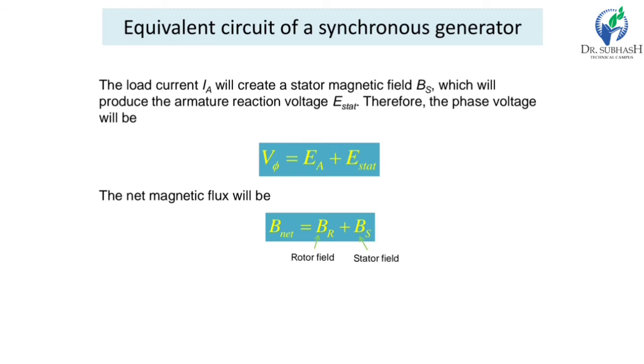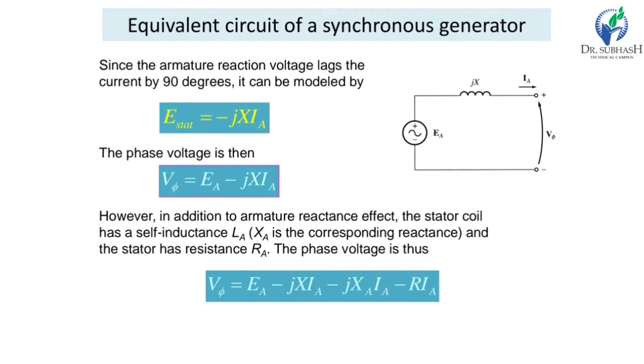With a proportionality constant, the armature reaction voltage can be expressed as E start is equal to minus j X into I suffix A. The voltage of the phase, V phi, is equal to EA minus j X into IA.